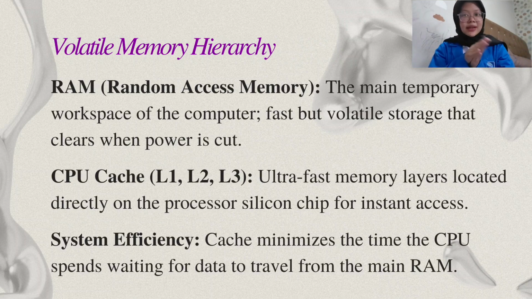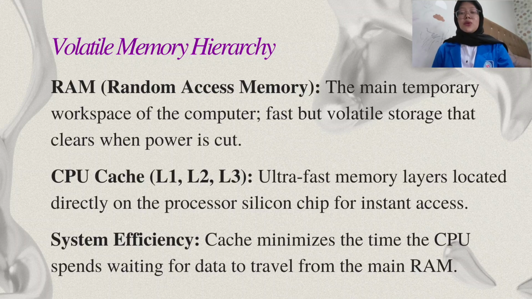Looking at slide 7, we can see that memory is organized in a strict hierarchy. RAM is our main temporary workspace. It is volatile, meaning it wipes clean the moment power is cut.